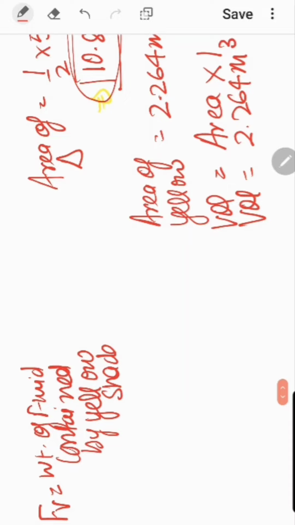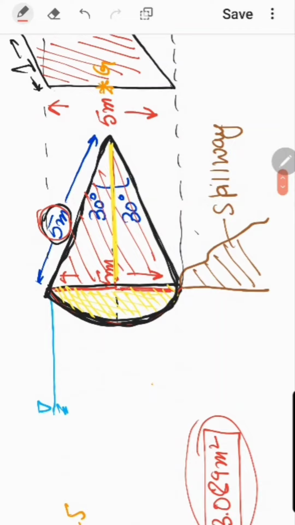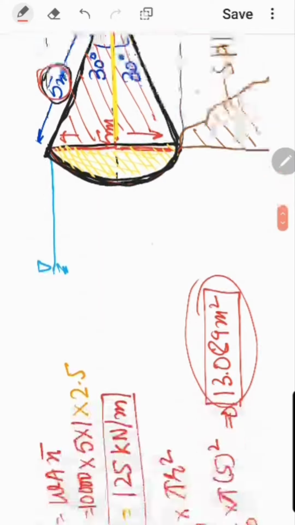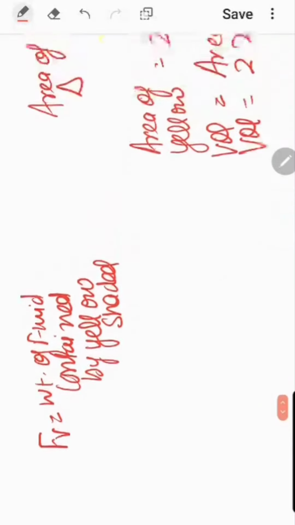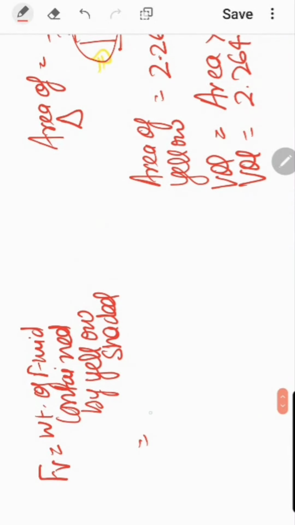Now the weight of the fluid contained by the yellow shaded region is going to be rho into g. Rho into g is going to be 10,000 multiplied by the volume, and volume is 2.264, my dear students.